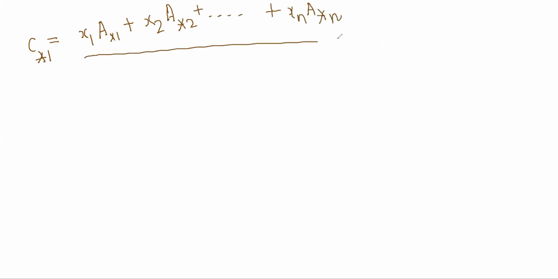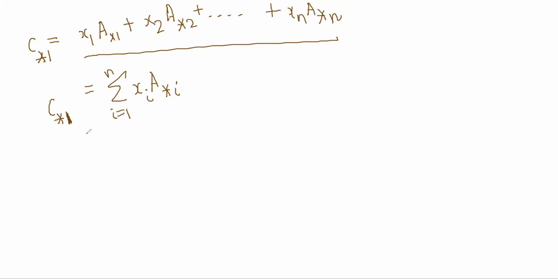This is what had come. So it's like a summation over i from 1 to n of xi A star i.